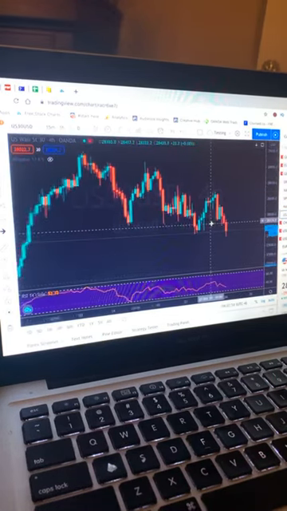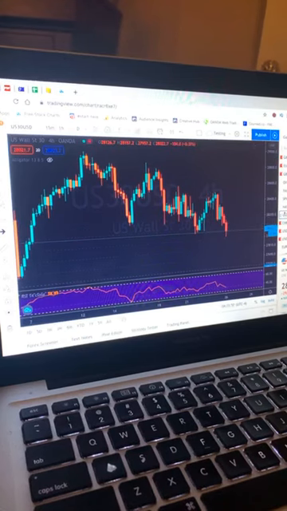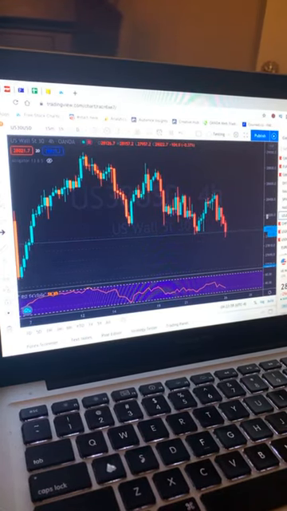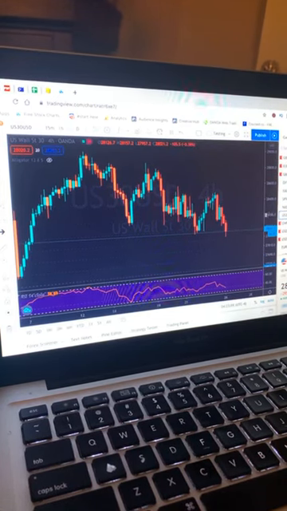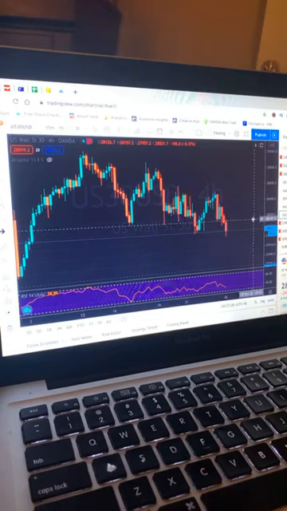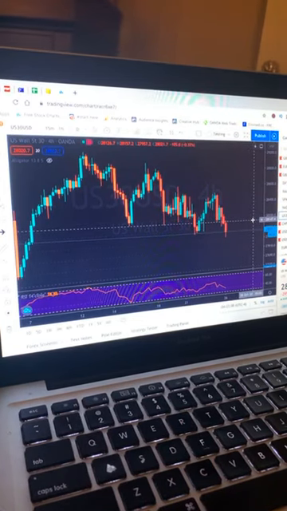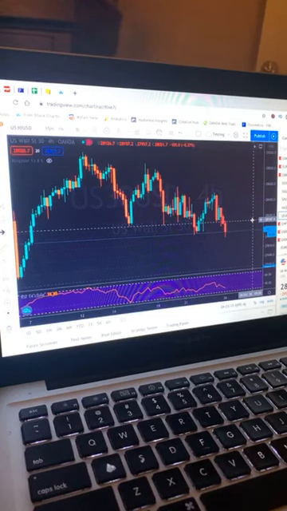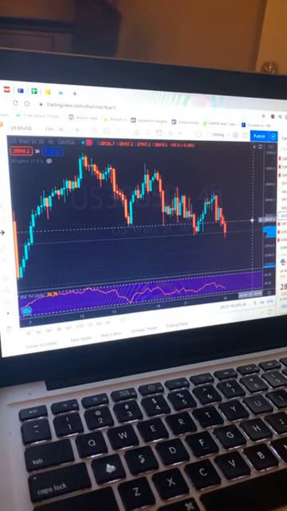US 30. I haven't been looking at US 30 too much. I've just been looking at NAS 100 and SPX 500 for the past couple days. So that's what I'm gonna keep consistent to until there's a certain amount that I want to get to before I start seriously looking at US 30, because what I've been doing in the past was scalping US 30, but there's less risk if you scalp NAS 100 or SPX 500.